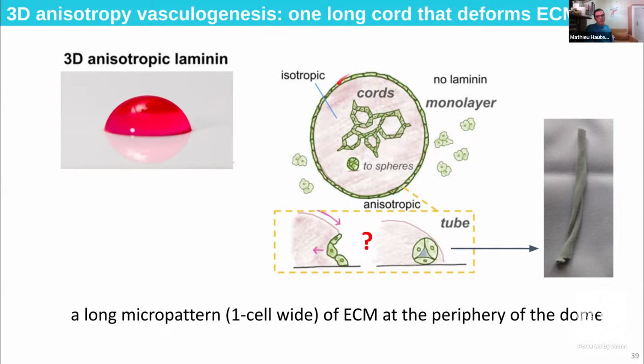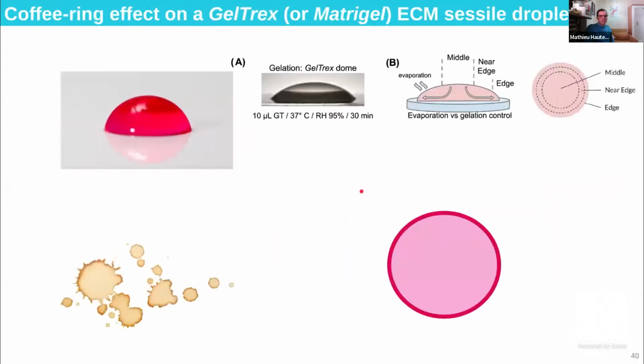And around it, she found that she has a very thin layer of laminin, which I will show you in the next slide, which is exactly like what happens with the coffee stain effect, which is called the Marangoni effect, where because of the evaporation that's faster at the edge than here, where it's thicker, you have more material that concentrates here, like the coffee particles at the edge of this stain.